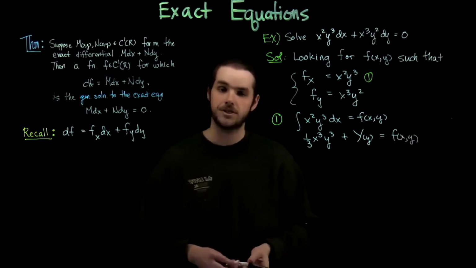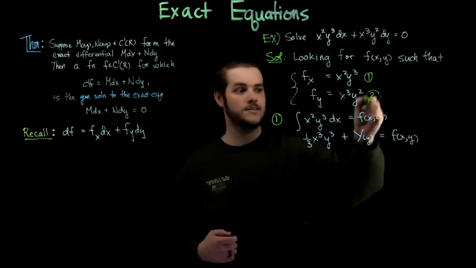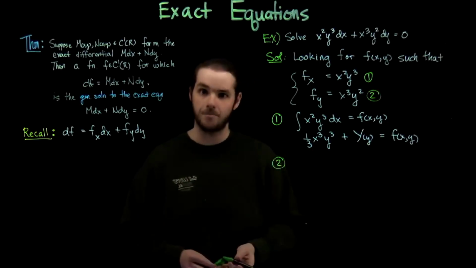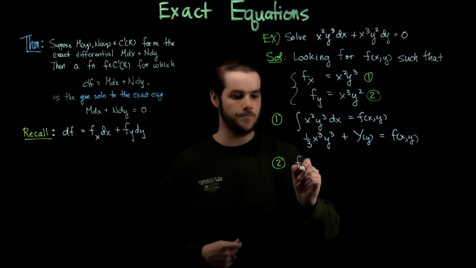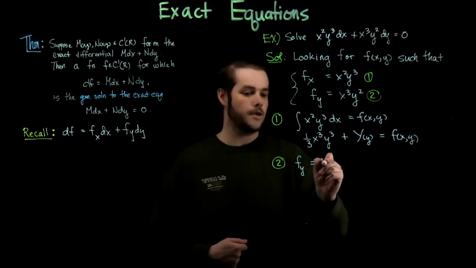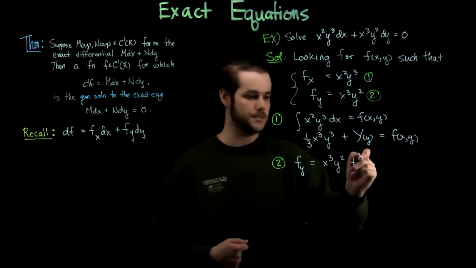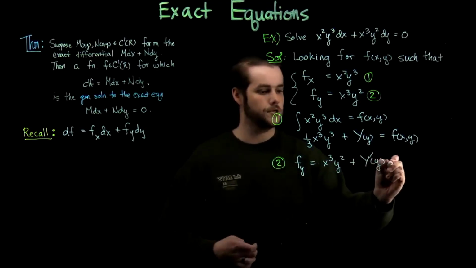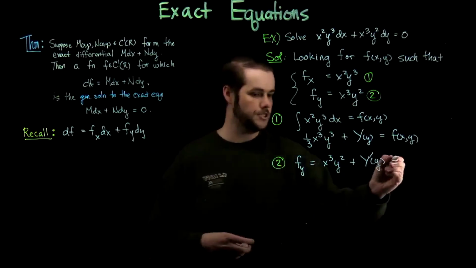But luckily, there's still some info from the problem that I haven't used yet, and that's this other piece. I already know what the partial derivative with respect to y should be. So let's take the partial derivative with respect to y. According to my setup, I will get x cubed y squared plus the derivative of whatever this function of y is, equals, well, I already know that this should give me x cubed y squared.